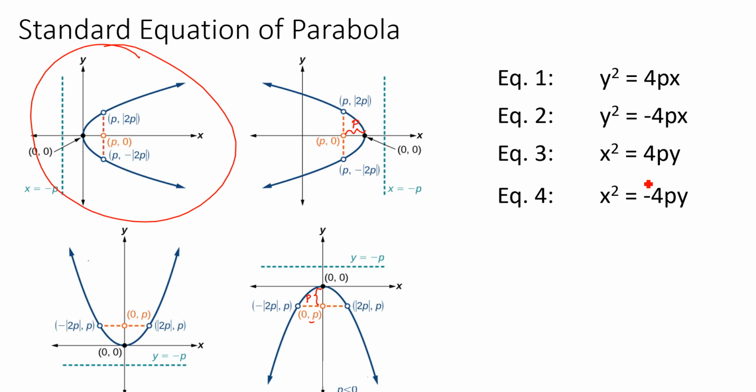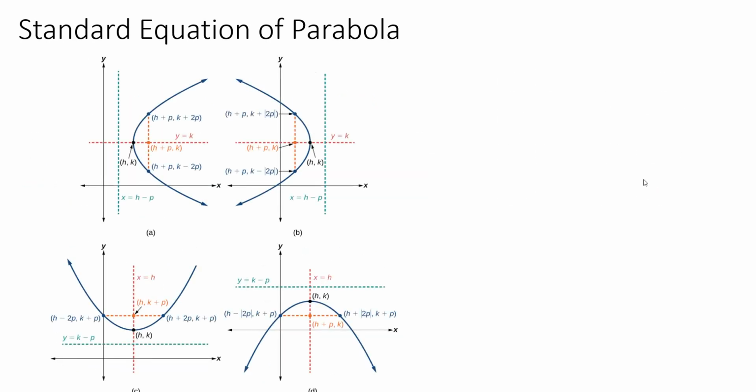Now, what will happen if the vertex is not on the origin? We are just going to deduct the h and k. So here, equation 5, if the graph of the parabola opens to the right, then we have the quantity y minus k squared equals 4p times the quantity x minus h.